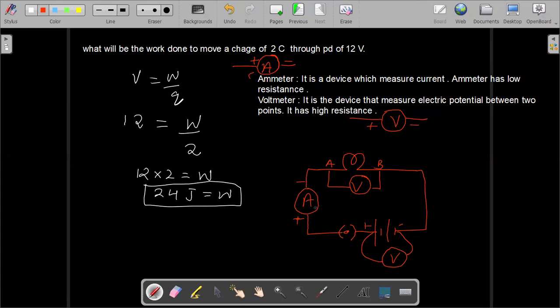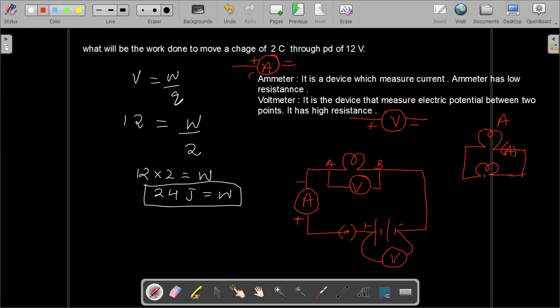Ammeter is connected in the main circuit wherever I want to measure the current. Suppose I connect here two bulbs. Now I want to measure the current flowing through this bulb A. So I'll be connecting my ammeter in series to this bulb A, maybe before it or maybe after it.